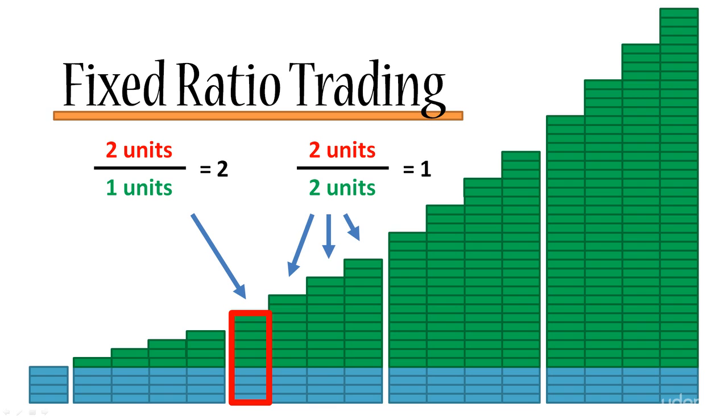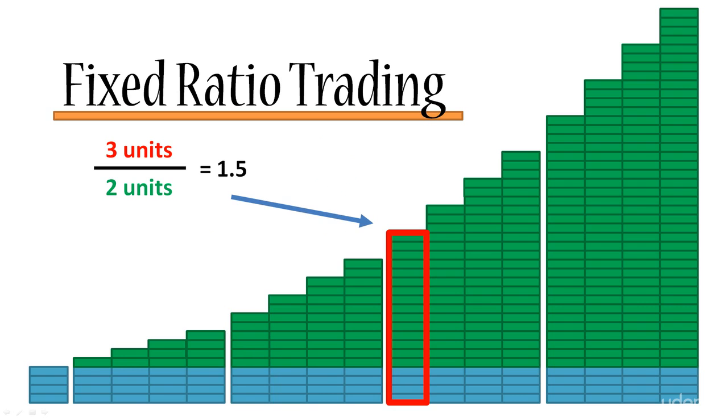for every non-first trade within a step, the ratio is always going to be equal to 1. But even for the first trade of every step, if you look at the next one, it's actually 3 units of potential loss versus 2 units of profit on the previous trade.